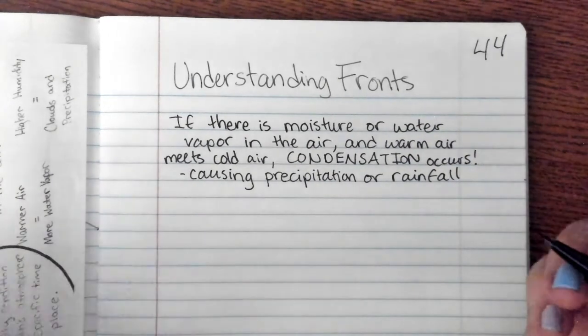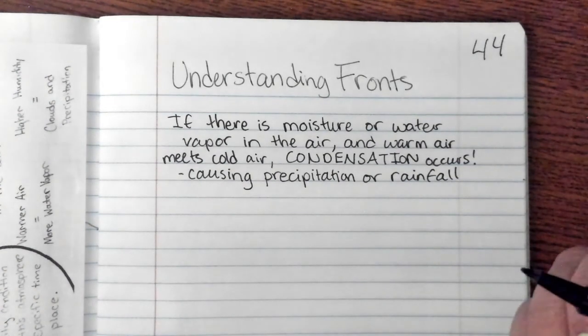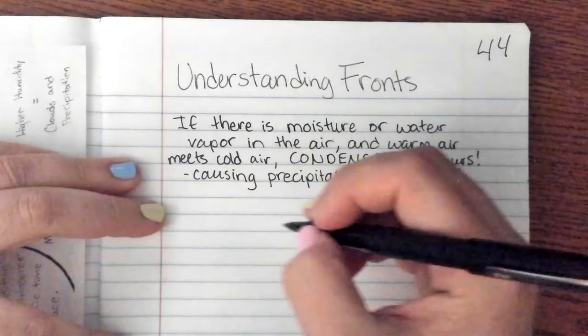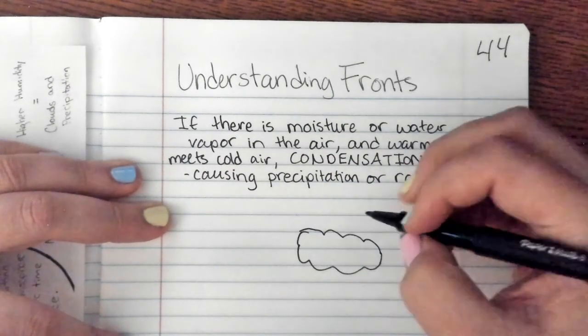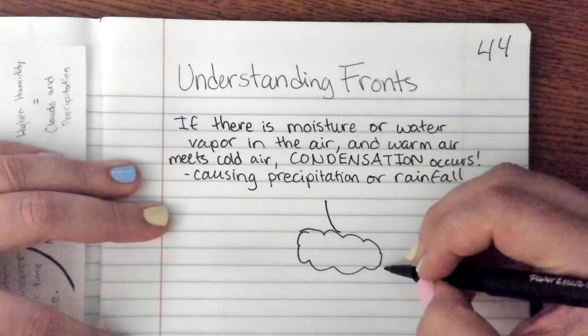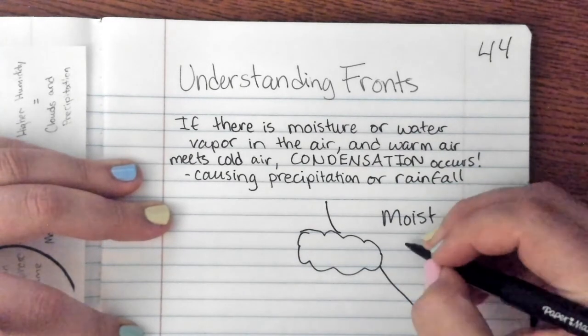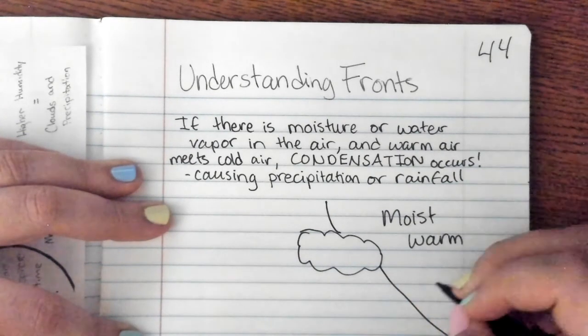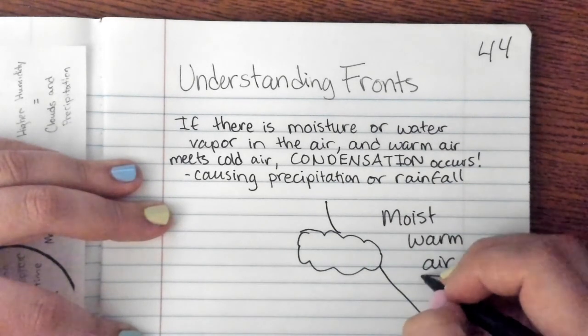Next thing you're looking at is kind of how these things work, right? So we're going to draw kind of a cloud here for my basis, right? I'm going to have a line going this way, a line going down, and this is my moist, warm air. That's going to be pushing in, going that way.